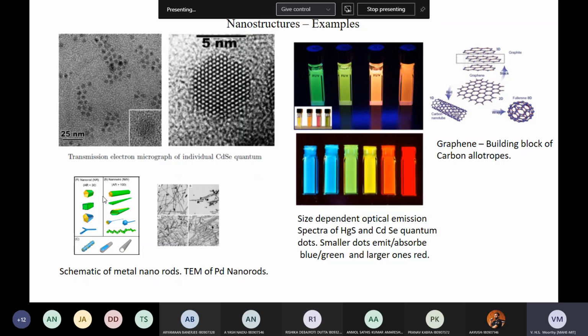This is just a schematic, but these are all actual palladium nanorods. The radius of the nanorods will be in the range of nanometers. That's why, since the material is palladium, they are called palladium nanorods.